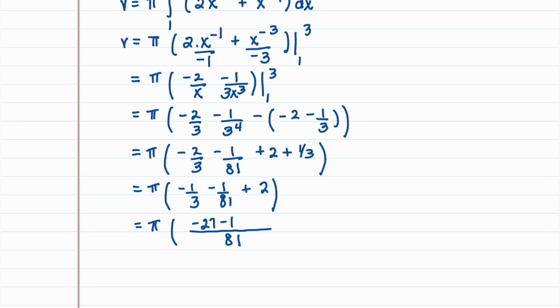We have a minus 1, and then 2 times 81 is 162. This gives us then an answer of 134 times pi all divided by 81. A lot of times when you do these volume problems, you don't get really nice answers.